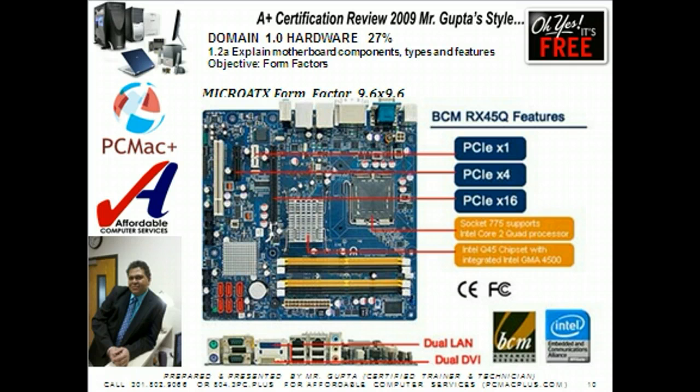A variation of the micro ATX is the mini ATX. This form factor is smaller than micro ATX and designed for small systems such as a home theater system. Micro ATX is a motherboard form factor Intel originally introduced in December 1997 as an evolution of the ATX form factor for smaller and lower cost systems.